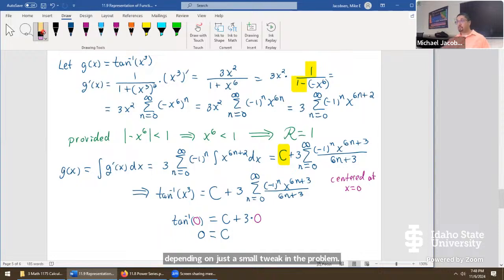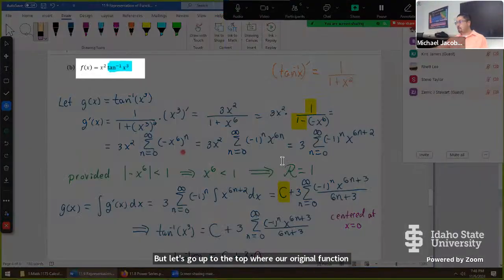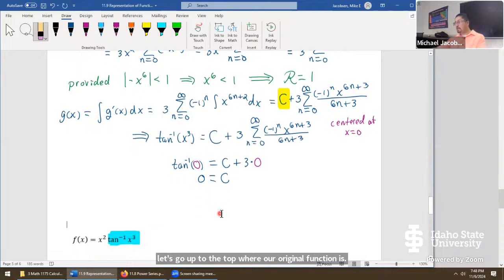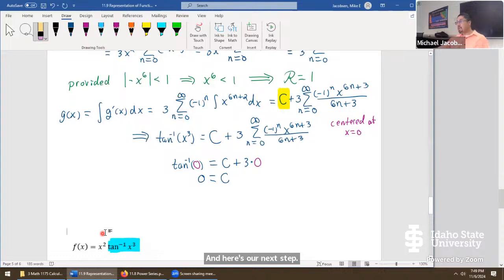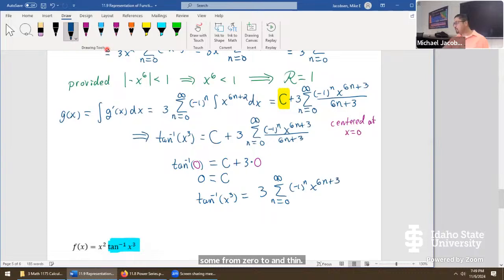Well, now that we've got that, we're starting to put things together, but let's go up to the top where our original function is. Scroll down just a little bit. And here's our next step. We wanted a power series representation of f of x, but now we know through all this work right here, tangent inverse of x cubed is 3 times the sum from 0 to infinity, -1 to the nth power, x to the 6n plus 3 power, over 6n plus 3.